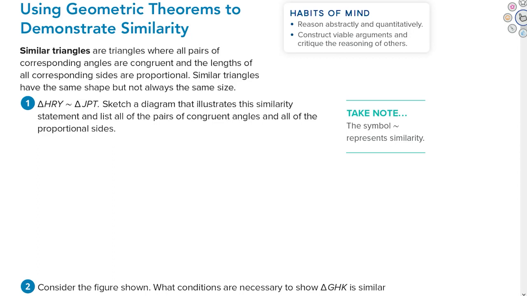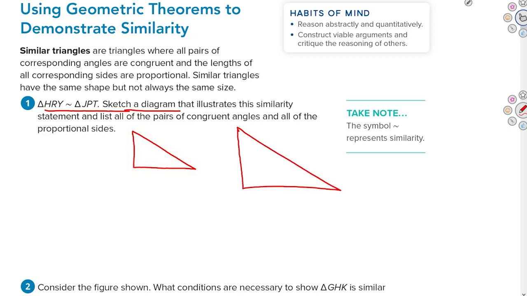So I'm going to sketch a diagram of triangle HRY is similar to triangle JPT. I'll just have it be right triangles because those are easy to copy down. So there's that, and a bigger one like that. And I'll just name it HRY and JPT.